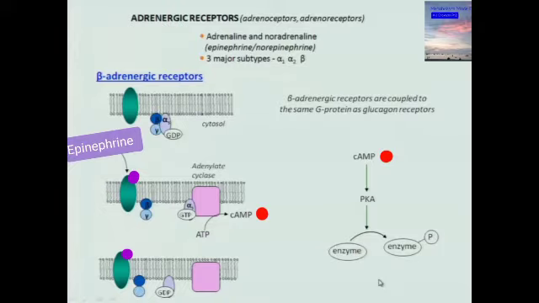That's extracellular, that's intracellular. The first thing that happens is this receptor is going to change conformation because of the binding of epinephrine, and it is going to activate this trimeric G protein. Trimeric means it's made up of 3 subunits: alpha, beta, gamma.